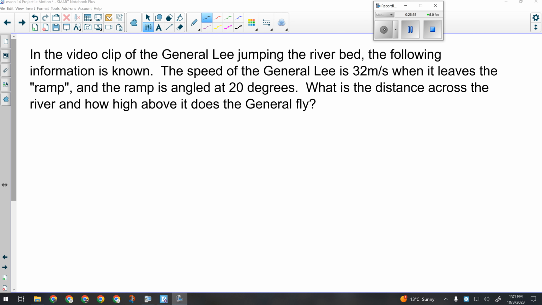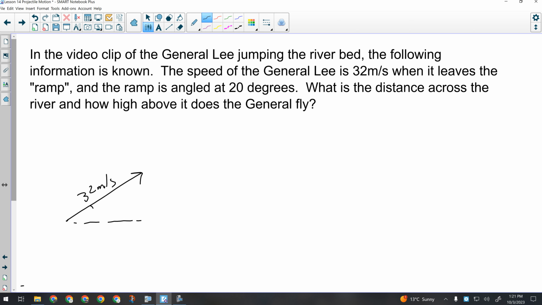Okay, so what we realistically know is this. That's it. Okay, we know that the General Lee was moving at 32 meters per second when it left a 20-degree ramp.